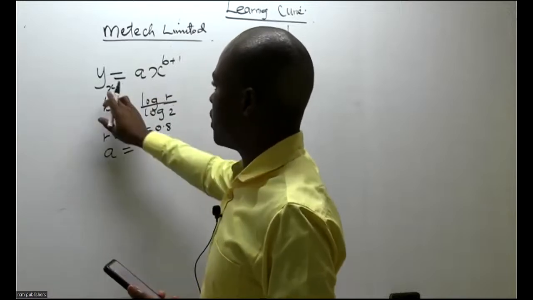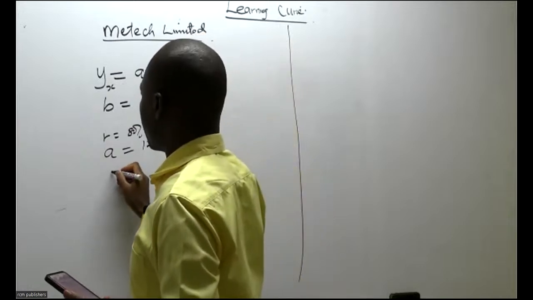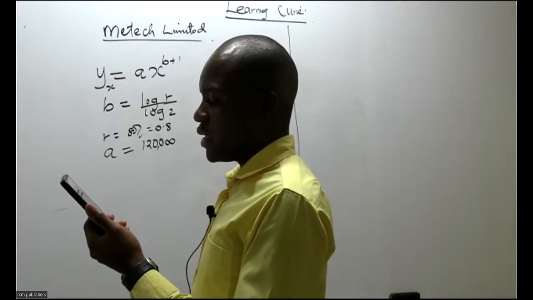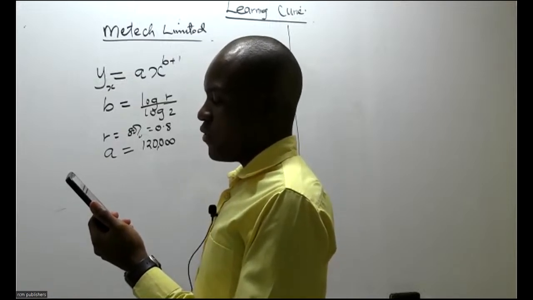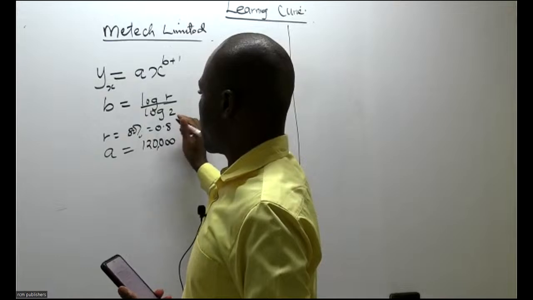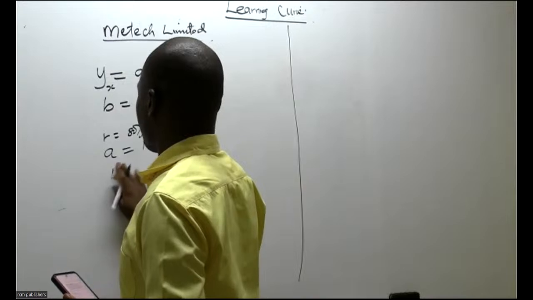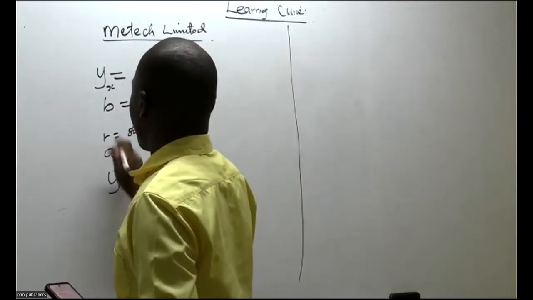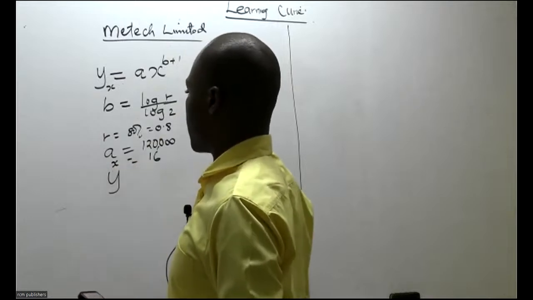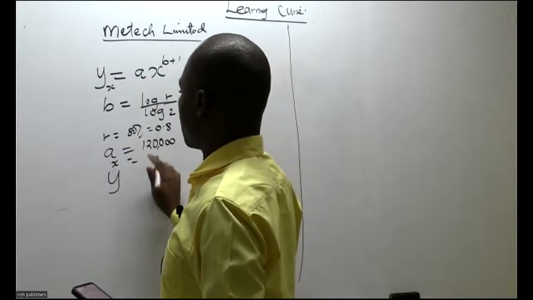So are we able to get this? We now have a. x will keep on changing depending on what you want to calculate. So the first thing is the average direct labor cost per batch of the first 8 batches. Do we know how we are going to use this 0.8? We need to get the value of b. For the total life, our x is equivalent to 16, but we are told the first 8 batches.